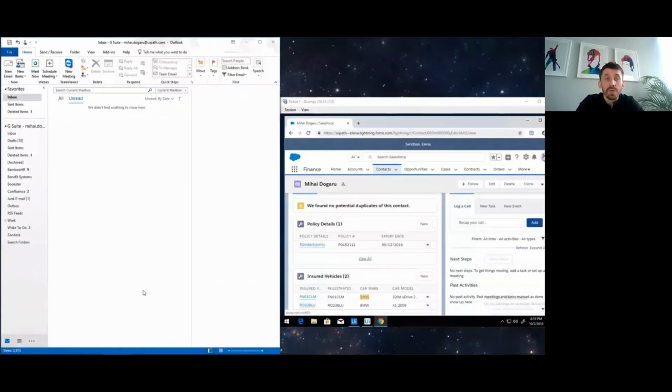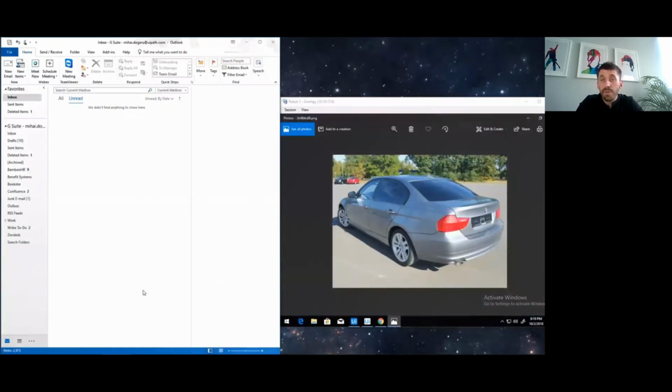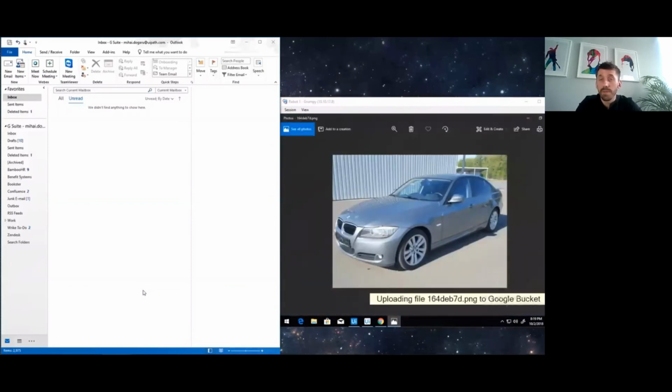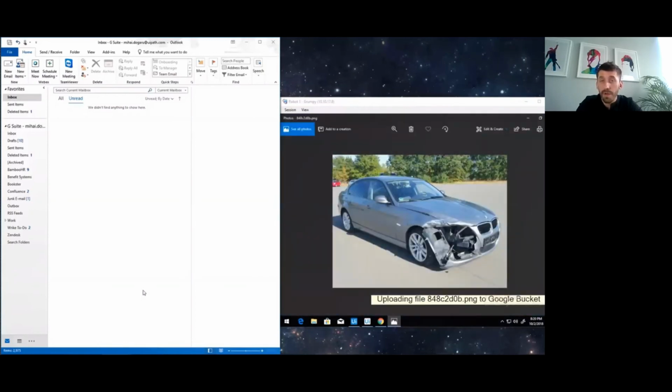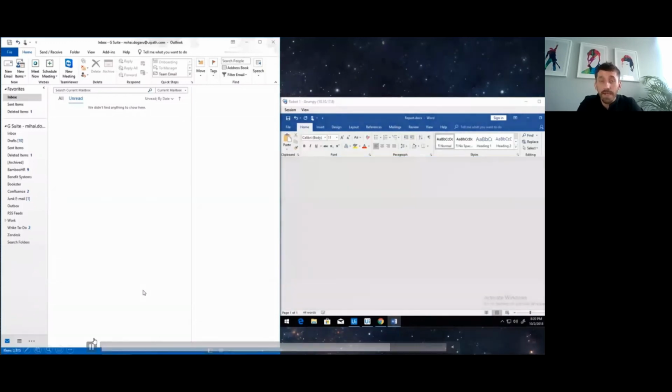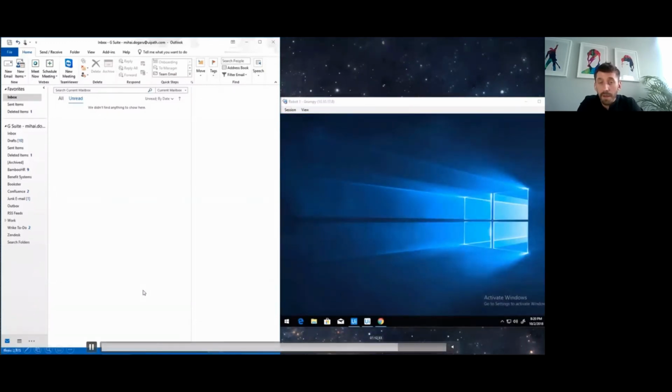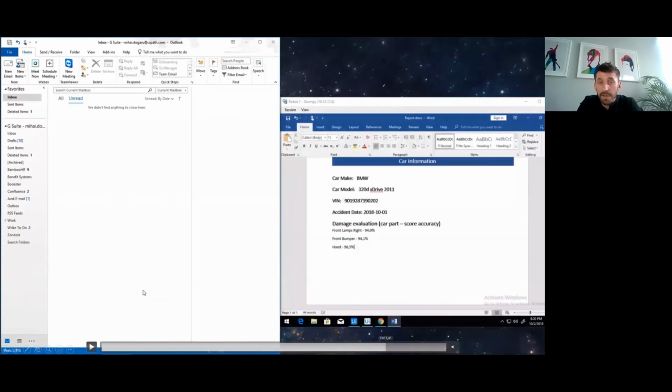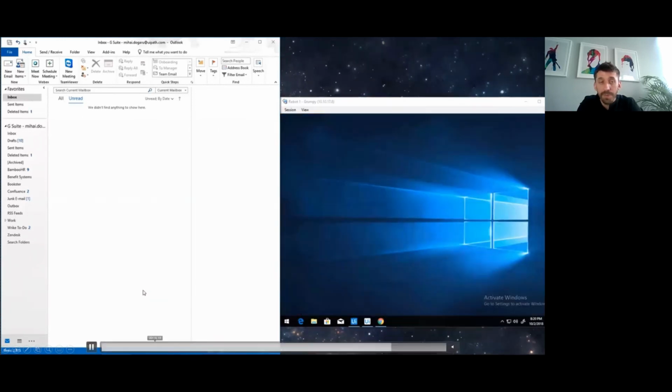and user uploaded pictures, and now robot will analyze the pictures, and using some artificial intelligence algorithms, machine learning algorithms, robot is analyzing the damage of the car. Oh, here you can see something went wrong with the car. Robot is analyzing the data and filling the damage assessment report, filling all the data.